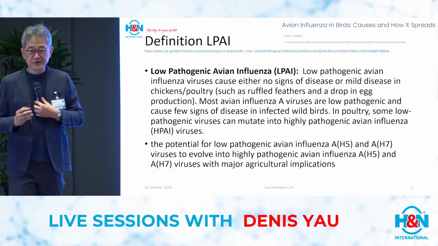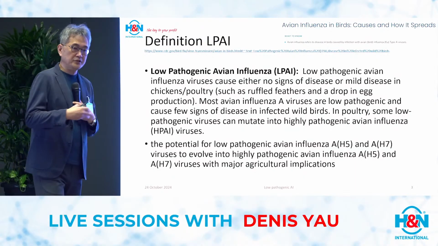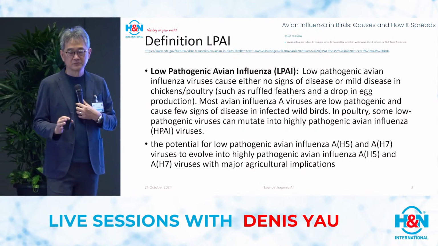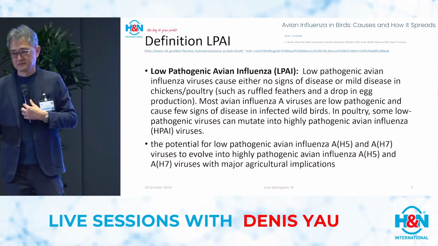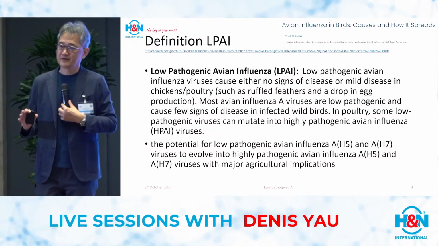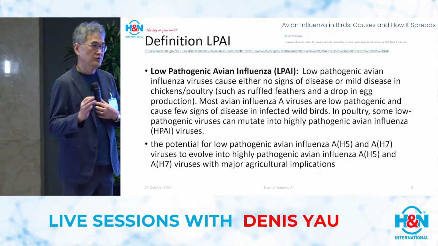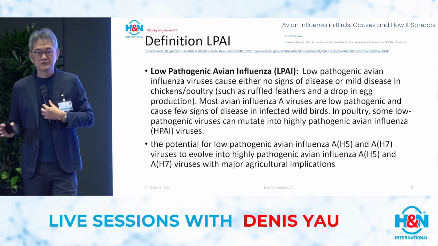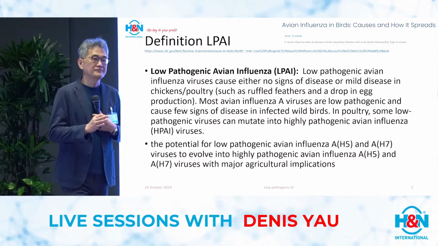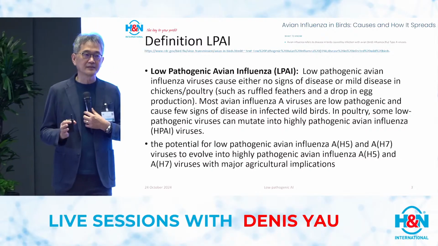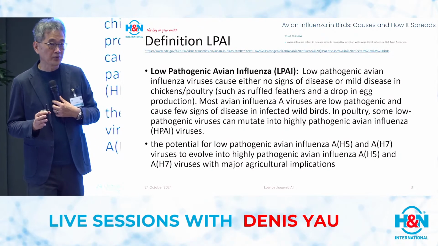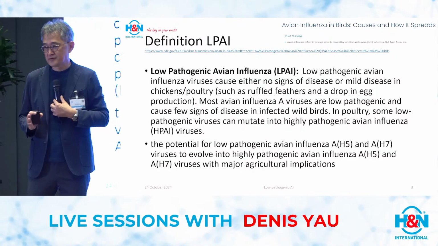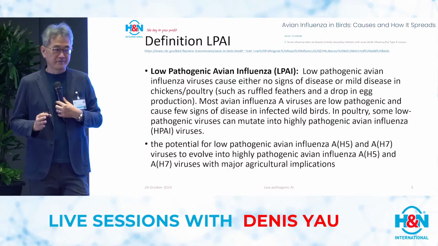With low pathogenic AI, if you go to the OIE standard, it's no pathogenicity. When they do the SPF chicken challenge, you don't see deaths, you don't see the IVPI more than 1.2, and they see it as non-pathogenic or low pathogenic.